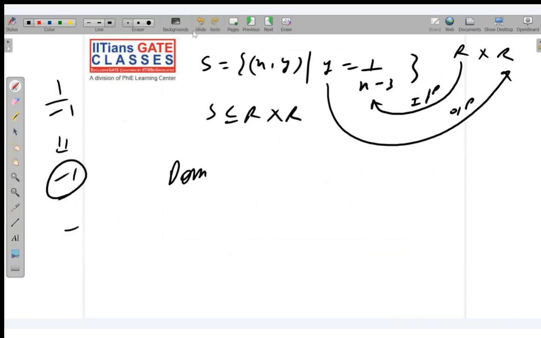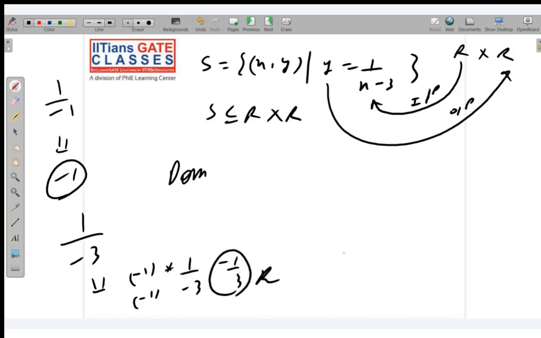If you have any doubt, you keep on doing the things. 1 upon minus 3, you simply divide both the sides. So you will get minus 1 upon 3. No problem. Okay, so domain of R, for sure I cannot pick 3. Rest any real number I can put. So R minus 3, that is the domain.